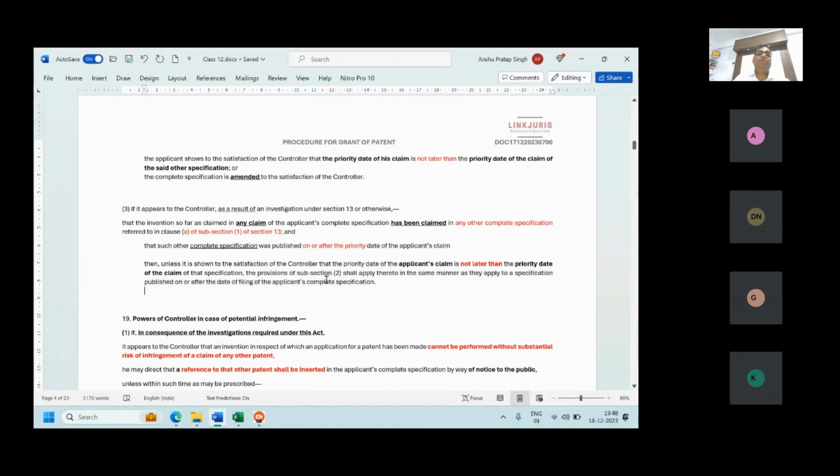The reference should be given. The provision of subsection 2 shall apply. That is, it should also be referred. However, you have a defense that you have to explain that the priority date of the applicant's claim is not later than the priority date of that specification.